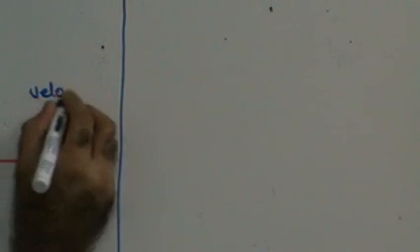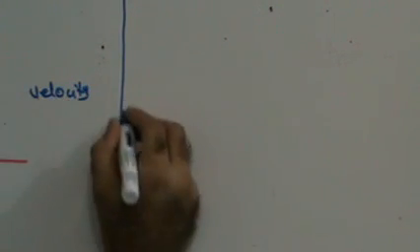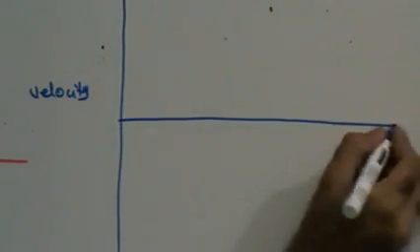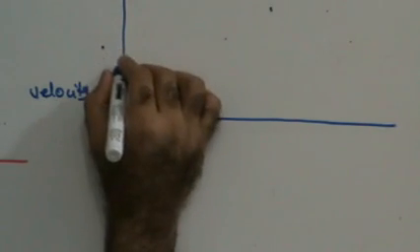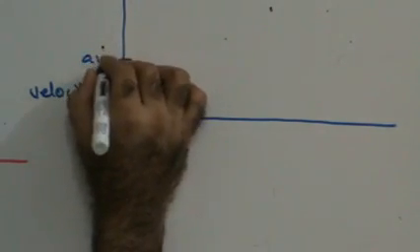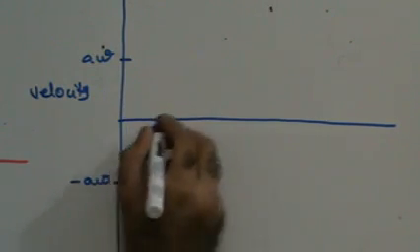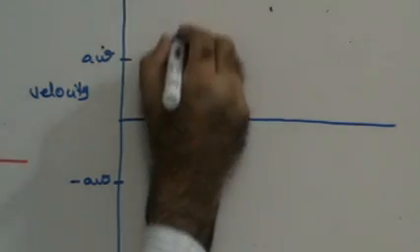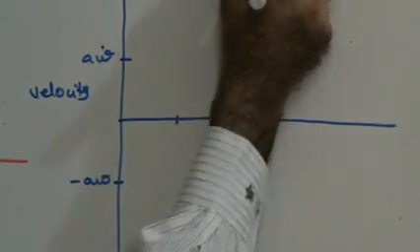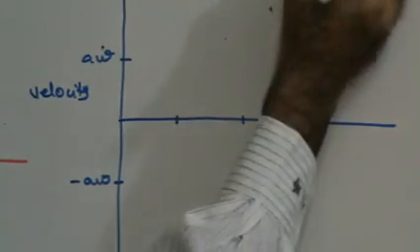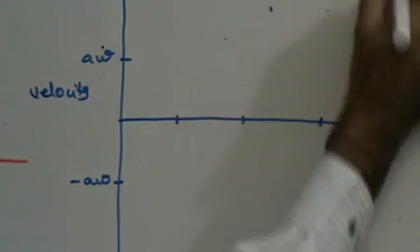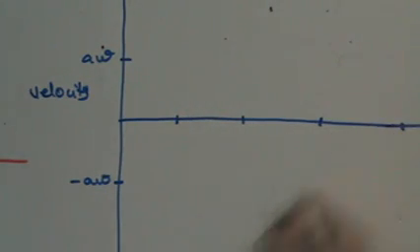Fine. Next, let's consider the velocity graph. Velocity graph is going to vary between a omega and minus a omega. This is 90, 180, 270 and 360.